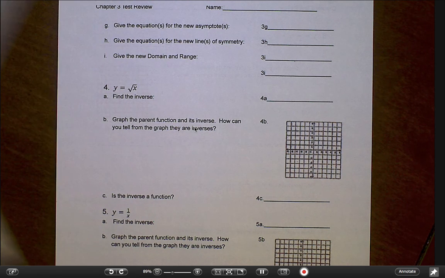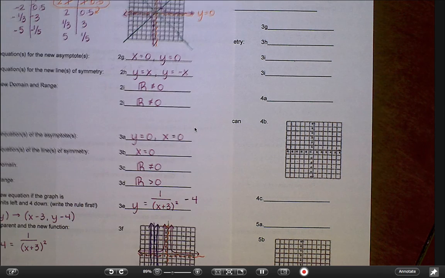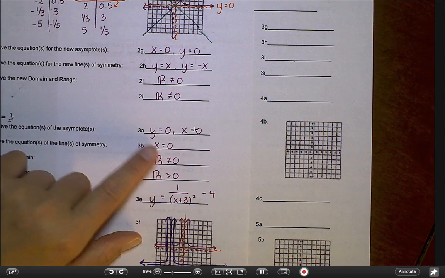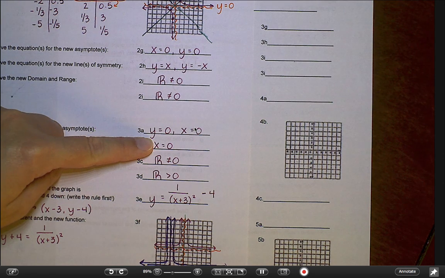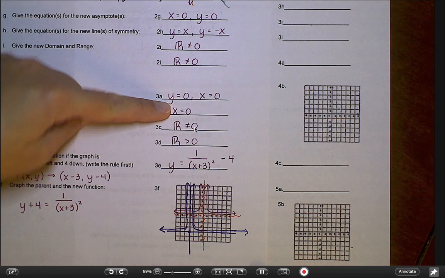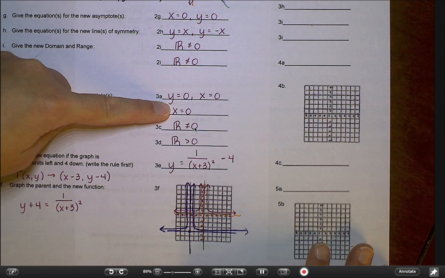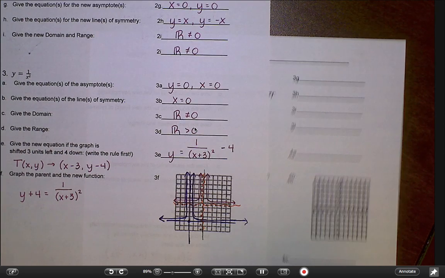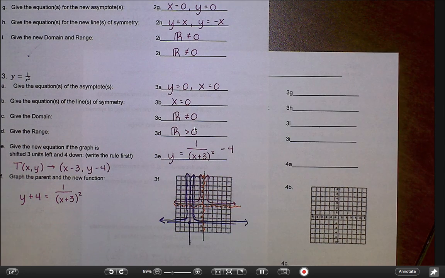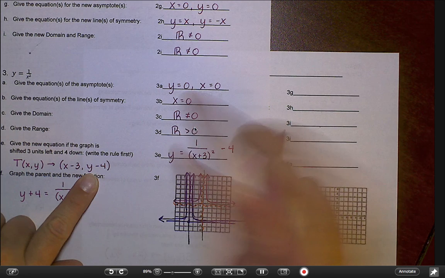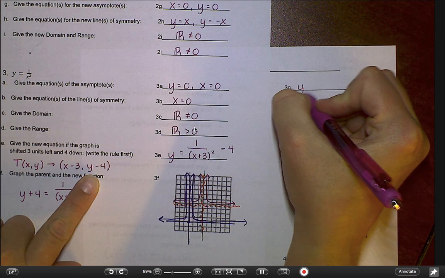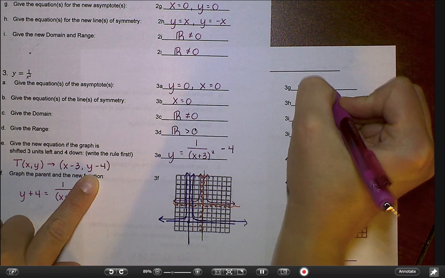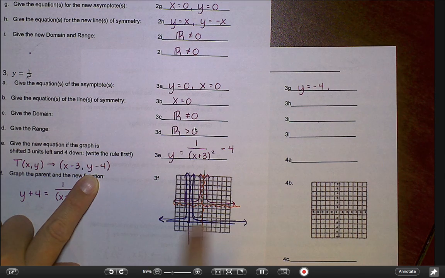So give the equations for the new asymptotes. Our asymptotes used to be at x equals 0 and y equals 0. Those are now going to shift according to my rule. So my new y asymptote is going to be y equals -4, and that happens to be this line down here.